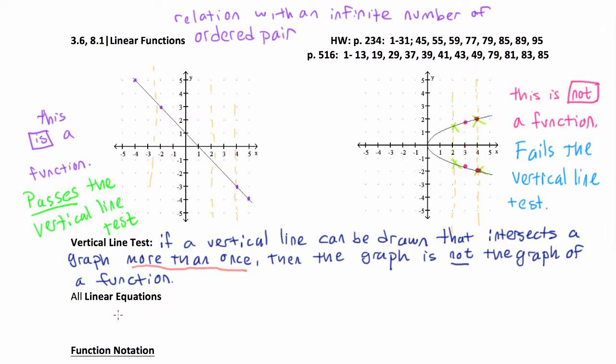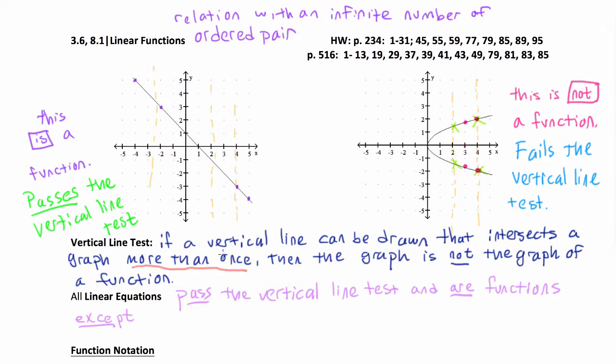Okay. Now, every linear equation, any line I draw like this, is going to pass the vertical line test except one. So all linear equations pass the vertical line test, and because they pass it, they are functions, except one.